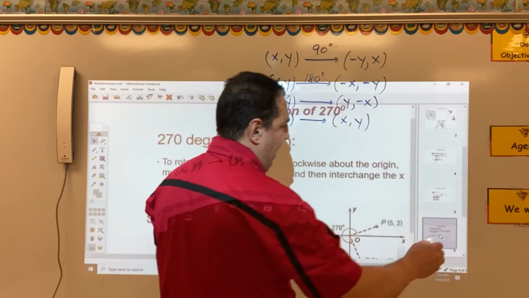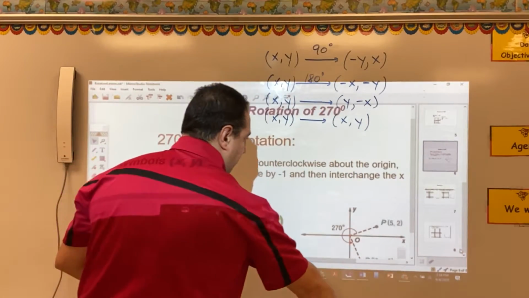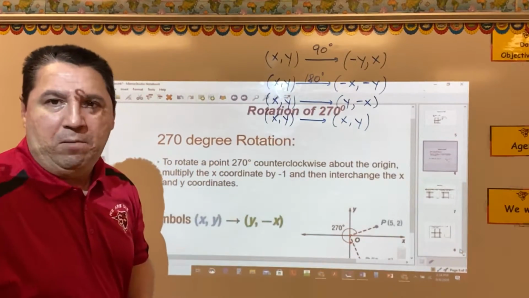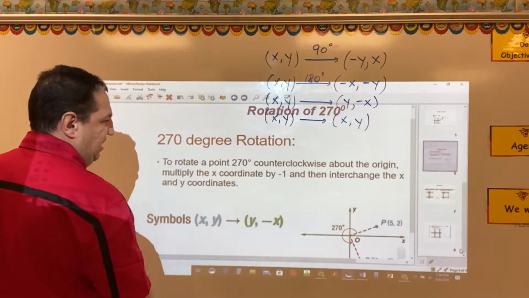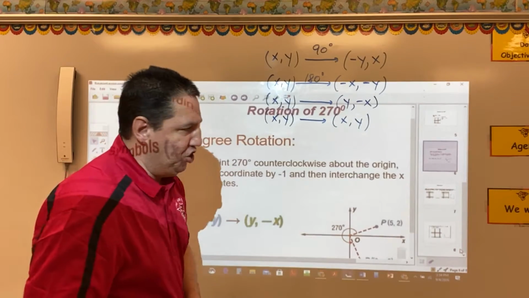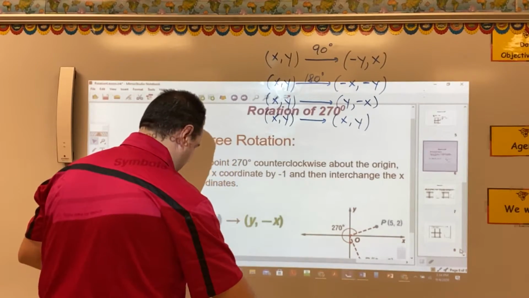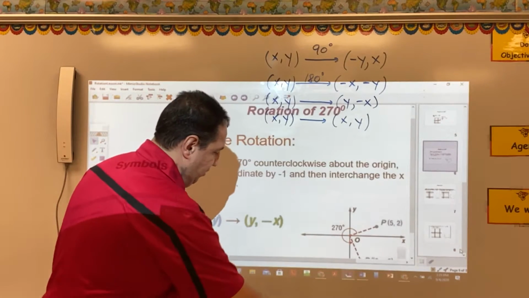Good. Let's have an example of each rotation to figure out how each rotation looks like.